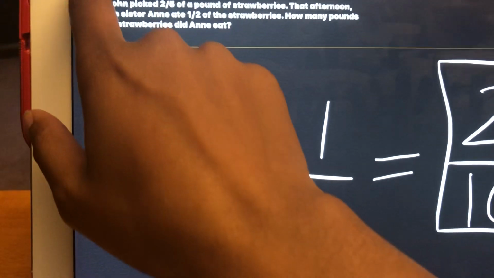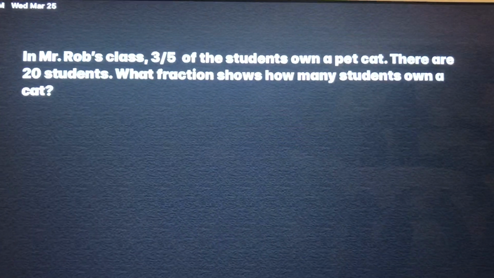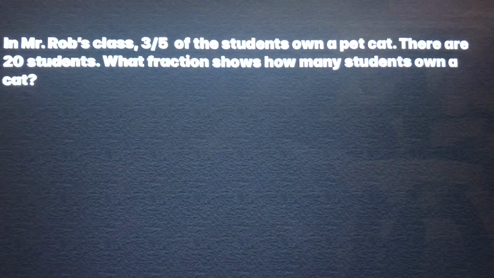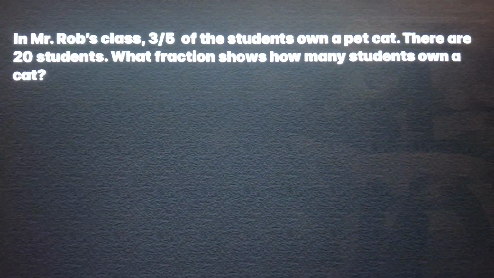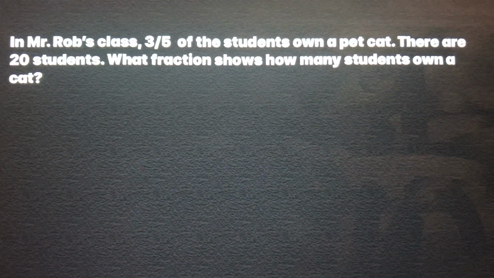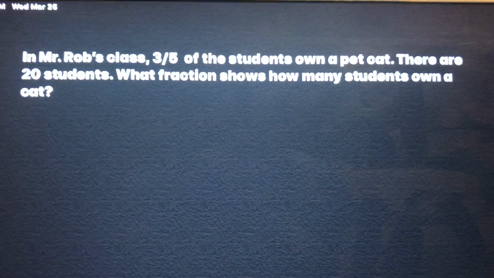Okay, let's do our last one here. Alright, so in Mr. Rob's class, 3/5 of the students own a pet cat. There are 20 students. What fraction shows how many students own a cat? Alright, so I want you guys to know, don't freak out.